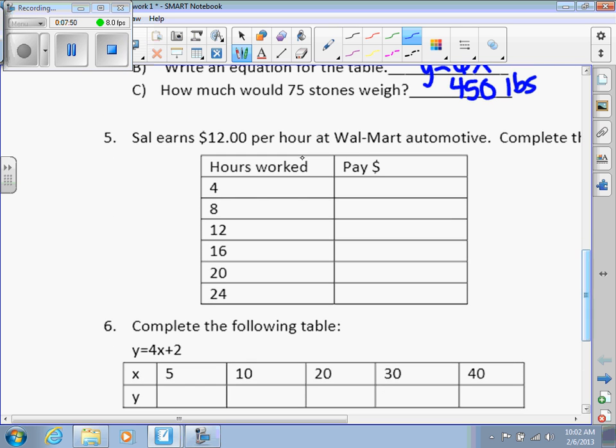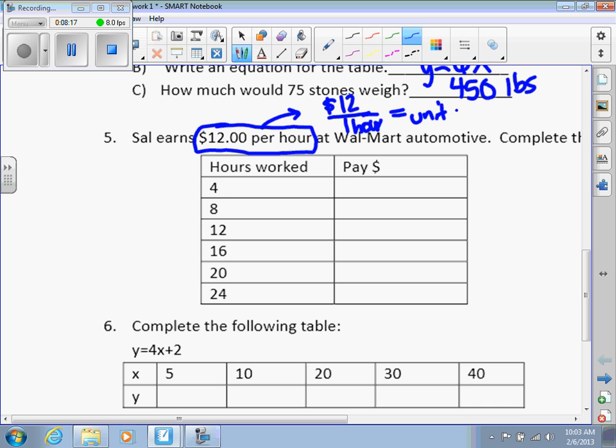Okay, Walmart. Sal earns $12 per hour. Put a box around that. $12 per hour at Walmart Automotive. How do I write that as a fraction? 12 over 1. So $12 over 1 what? 1 hour. Okay, what's this called when we have 1 on the bottom?